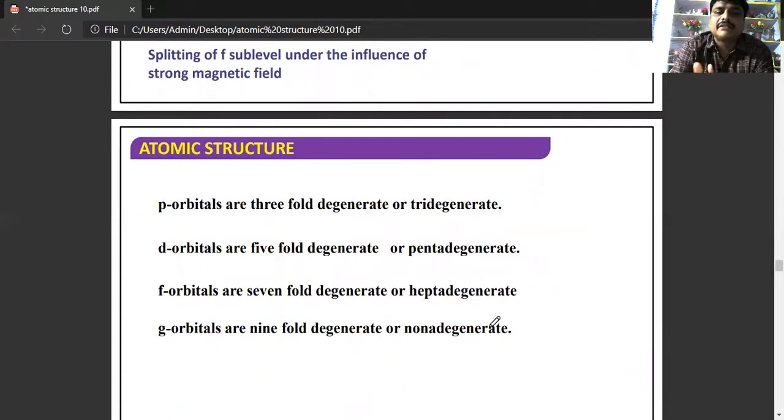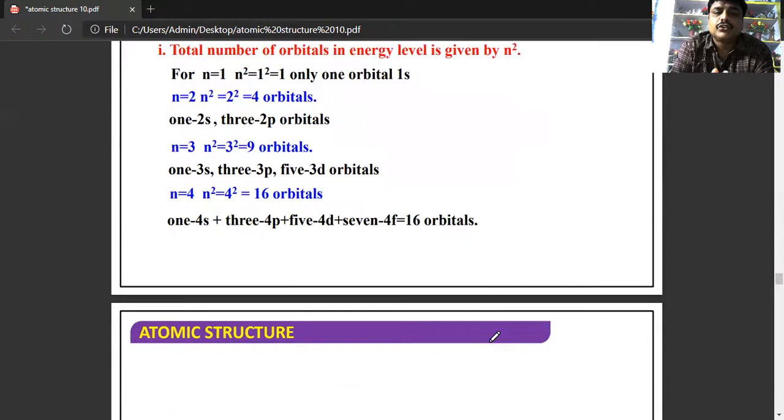The p orbitals are threefold degenerate or tri-degenerate. D orbitals are fivefold degenerate or penta-degenerate. F orbitals are sevenfold degenerate or hepta-degenerate. G orbitals are ninefold degenerate.